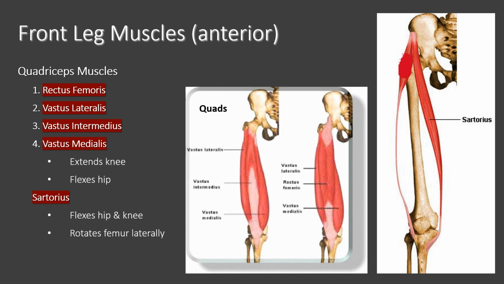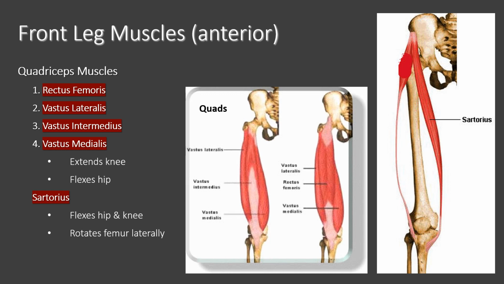This one is right in the middle, and it is right above the vastus intermedius or vastus intermedialis. Either one will do. So the vastus intermedialis sits right under the rectus femoris, and the rectus femoris is the most superficial of these four muscles.